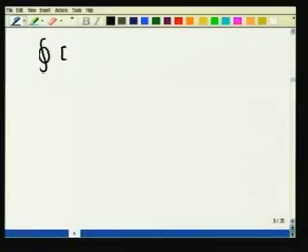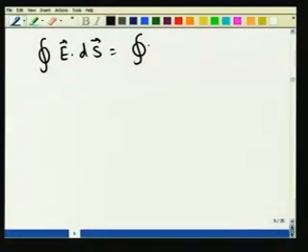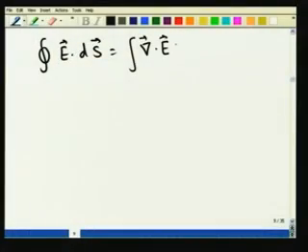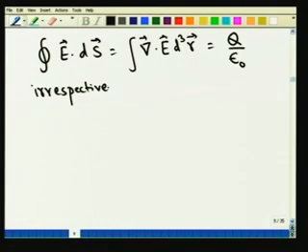Now, I am going to state that result explicitly. So, what am I going to say? We are going to say that integral E dot ds is equal to integral, this should be a volume integral, divergence E d cubed r is equal to q by epsilon naught, irrespective of the surface that bounds it.